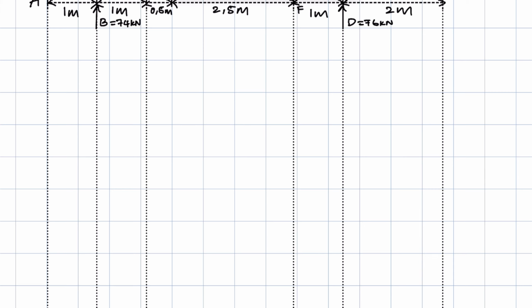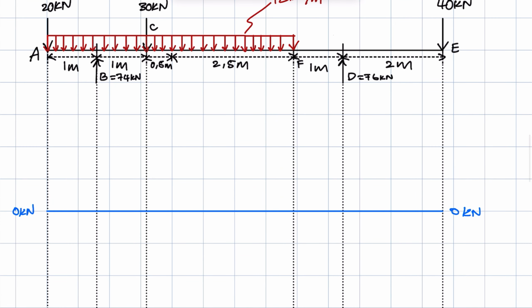So we have our 0 line right there. So this will be a 0 kilonewton line. Now in drawing our shear force diagram, we have to have a section on the right of each point.